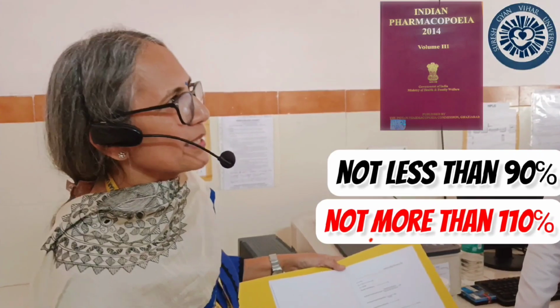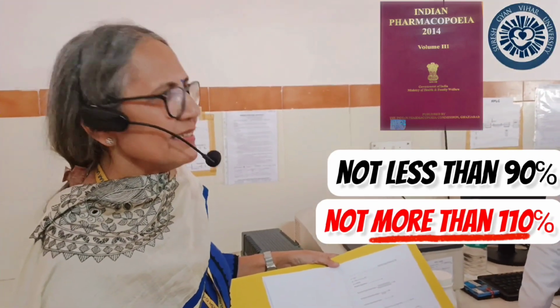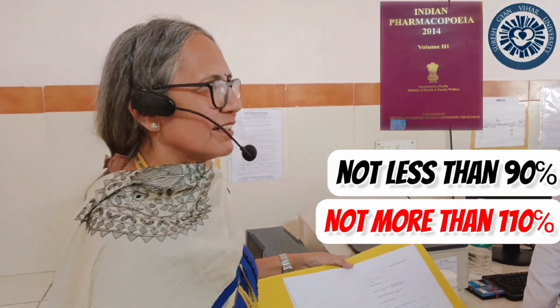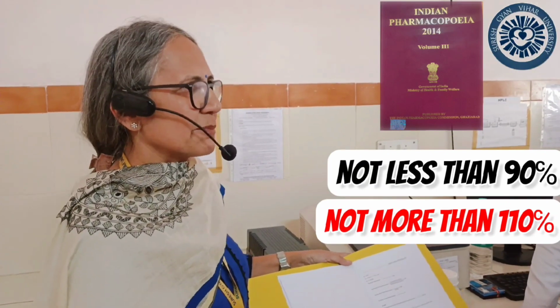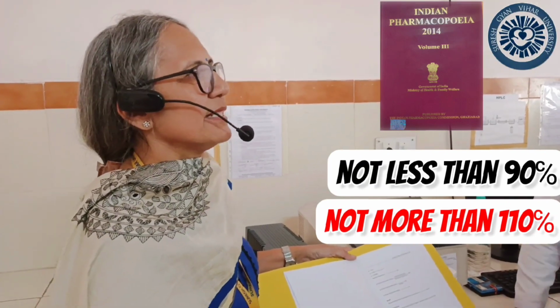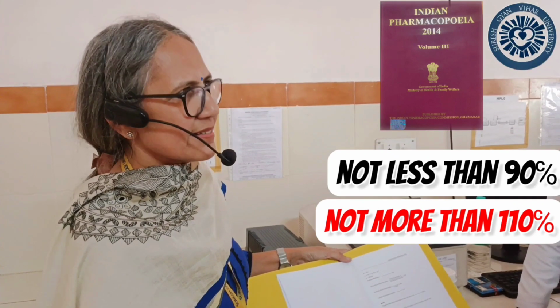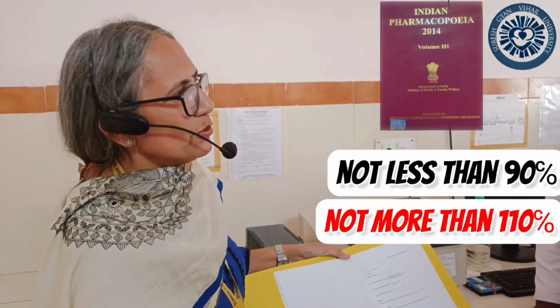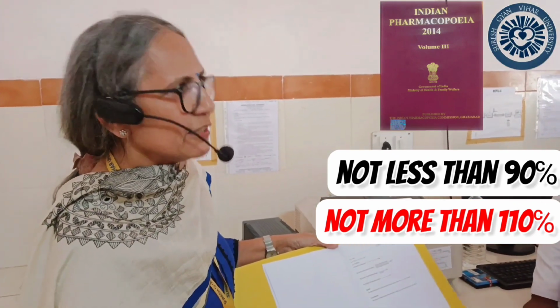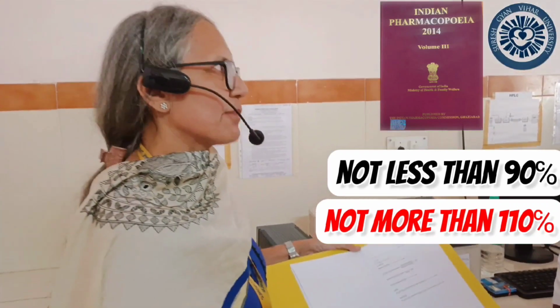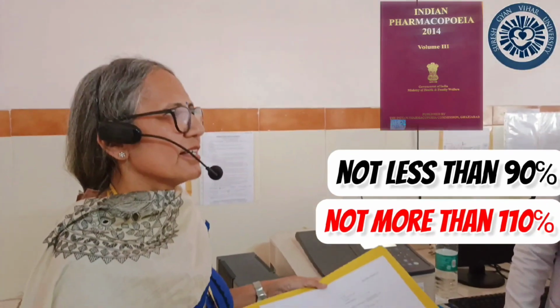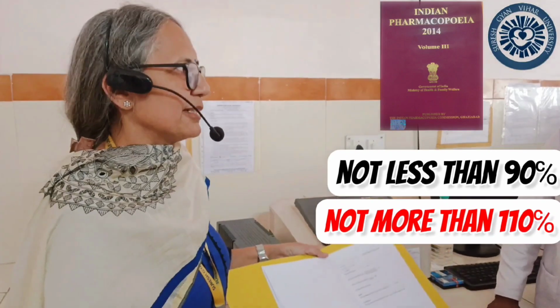Even if it is coming more than 110%, there are some errors in the experiment. If it lies in between, your sample is passing and you can use that paracetamol with reliability. Clear to everyone? You got it?